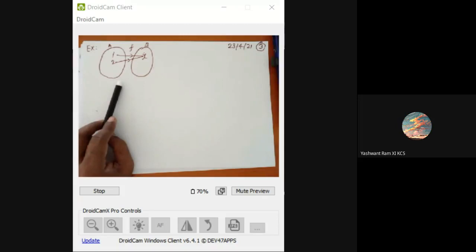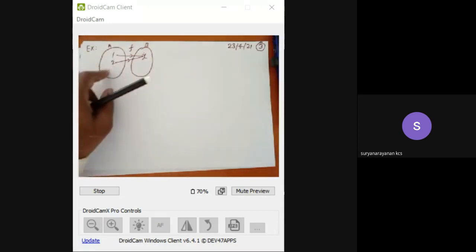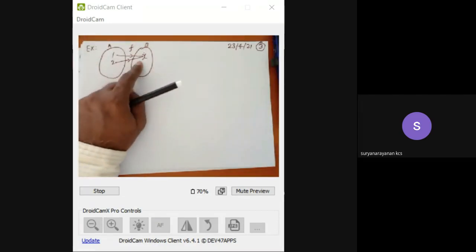Sir, both 1 and 2 have the same image. Yeah, very good. Both elements, 1 and 2, are distinct elements in the domain, but these two distinct elements have the same image. That is why this is not a one-one function.